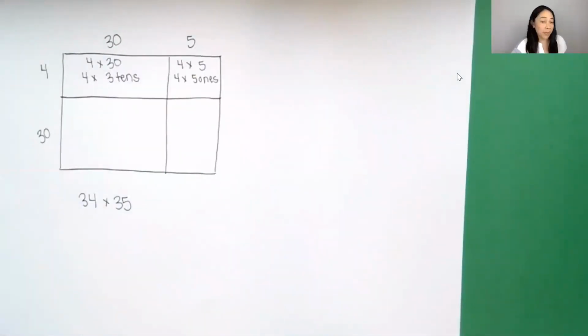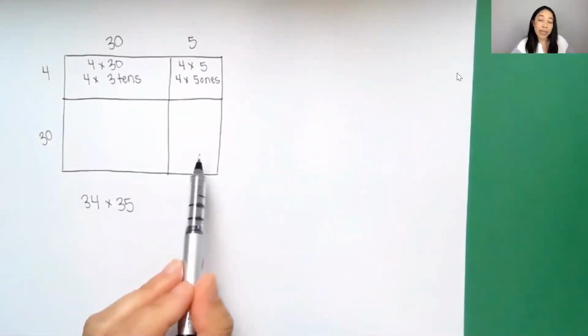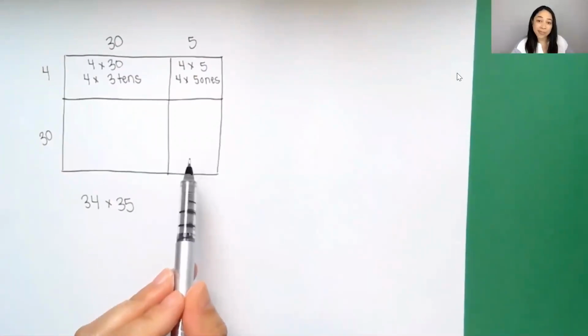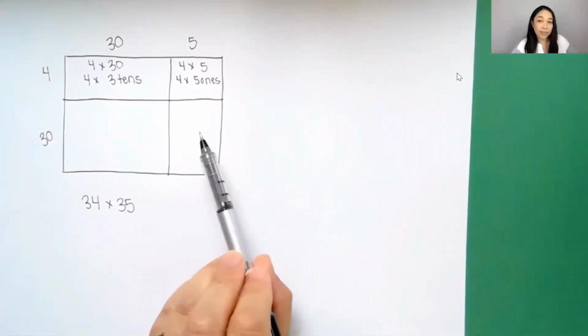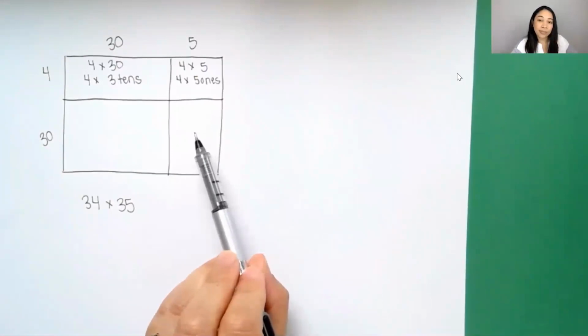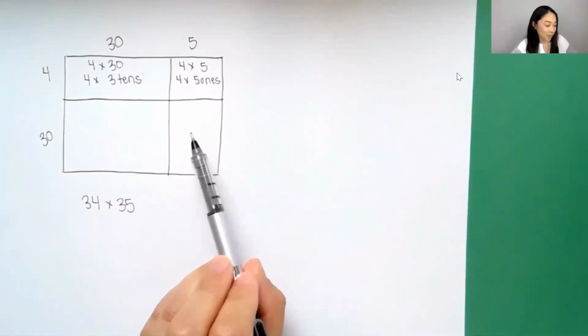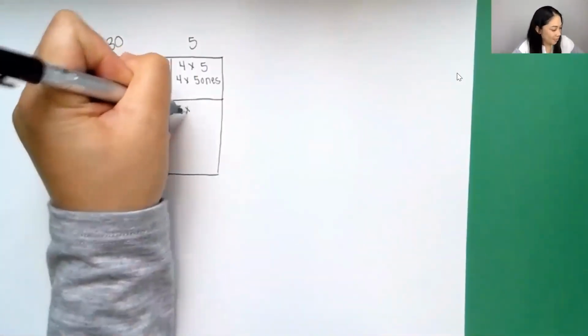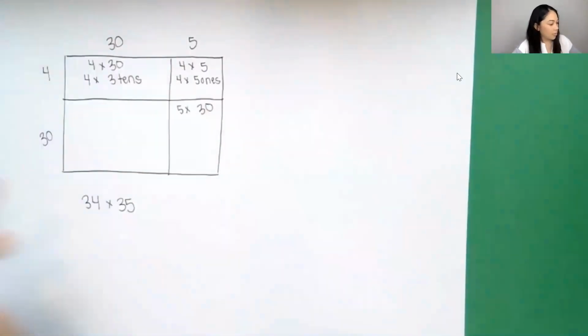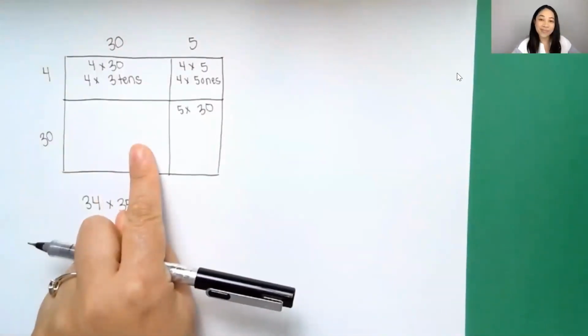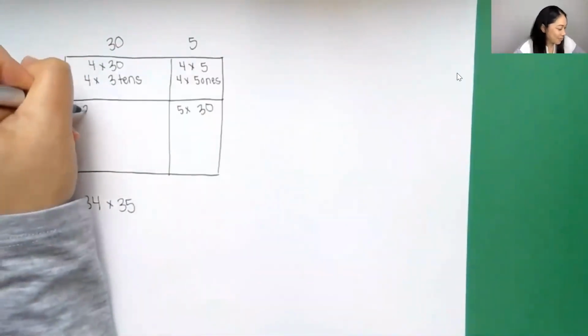What expression represents the area of the other 2 rectangles below? Let's start here. 5 times 30. And here? 30 times 30.